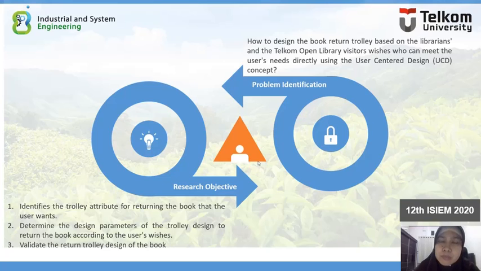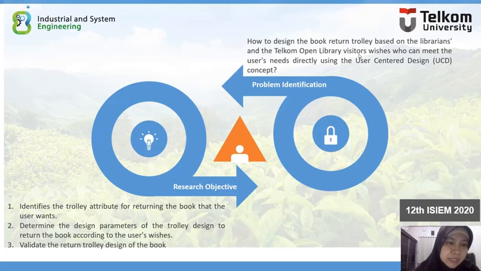From the background, we can conclude the problem identification in this research: how to design the book return trolley based on the librarian and the Telkom Open Library visitors, which is how we can meet the user needs directly using the user-centered design or UCD concept.